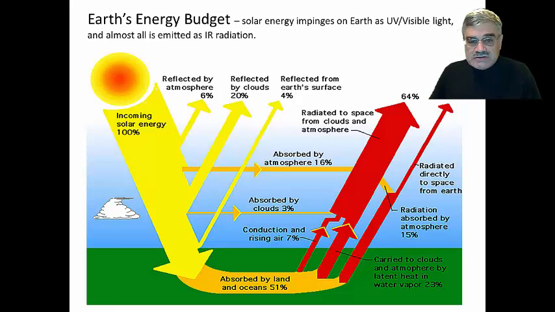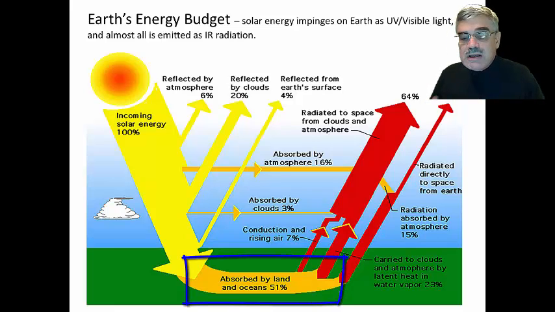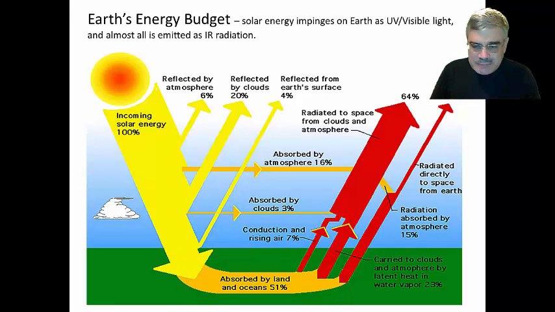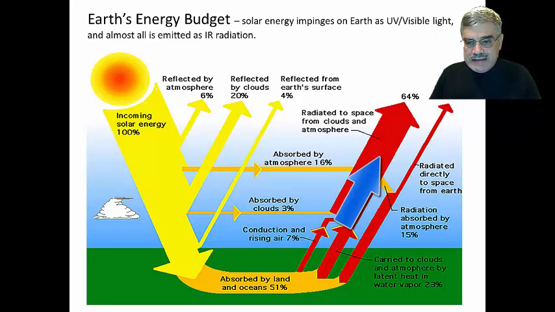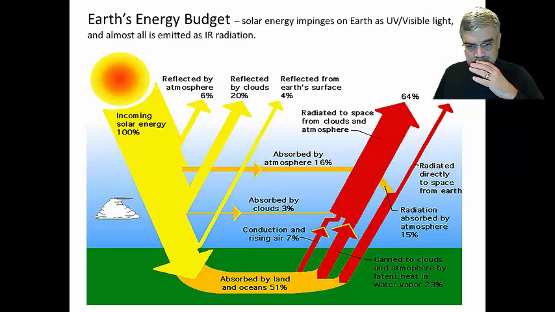About 50% of the solar energy is then absorbed by the land and by the oceans. And you don't need to keep up with all of these numbers and all of these processes, but the point is that visible and ultraviolet light that impinges upon the Earth is re-radiated out as infrared radiation. Now, infrared radiation is at a longer wavelength than the visible and ultraviolet light.